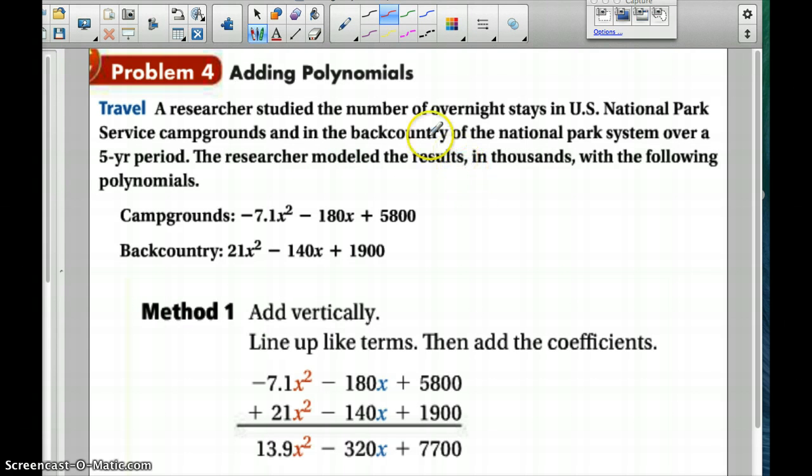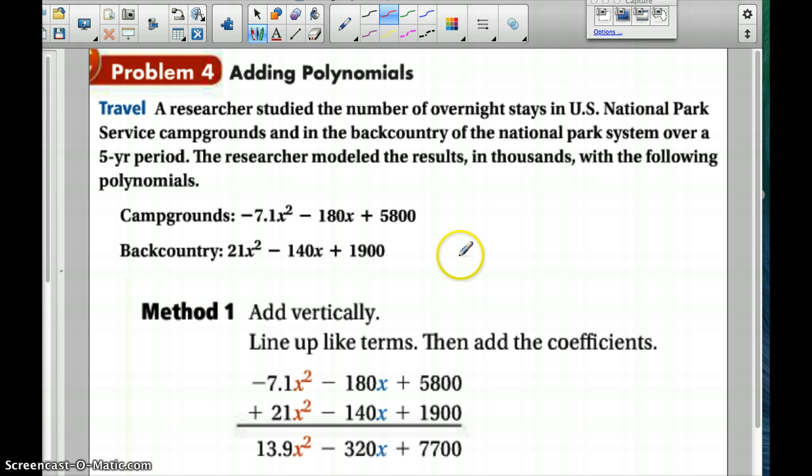Okay, to add polynomials, we want to just look at it as adding like terms. Here's a problem. A researcher studied the number of overnight stays in the U.S. National Park Service campgrounds and in the back country of the national park system over a 5-year period.